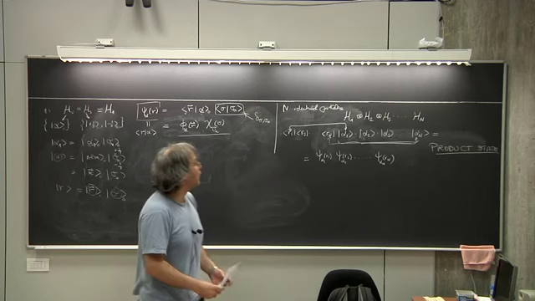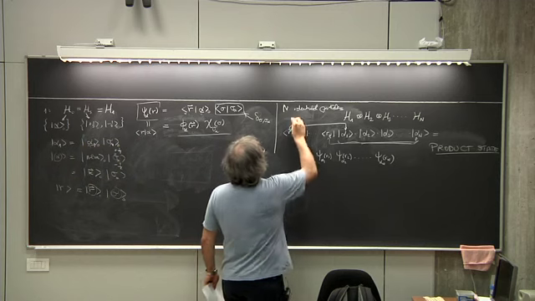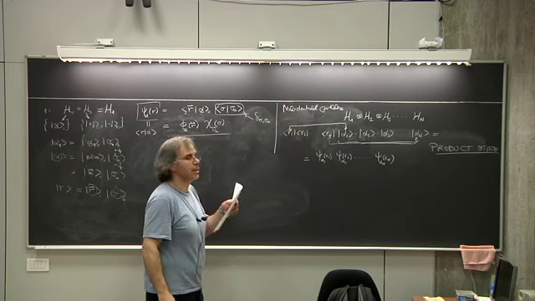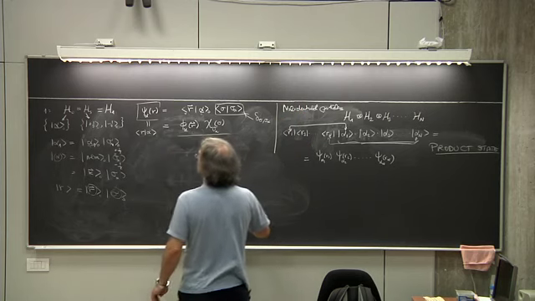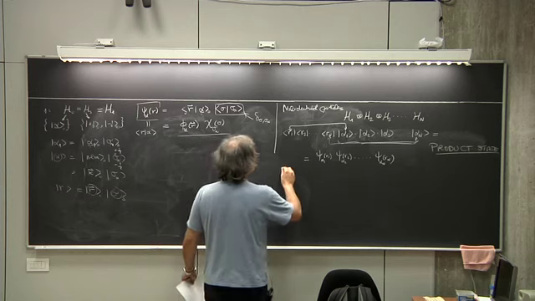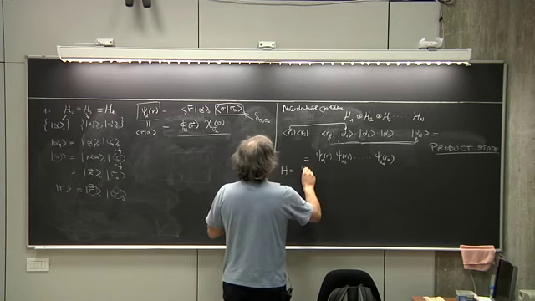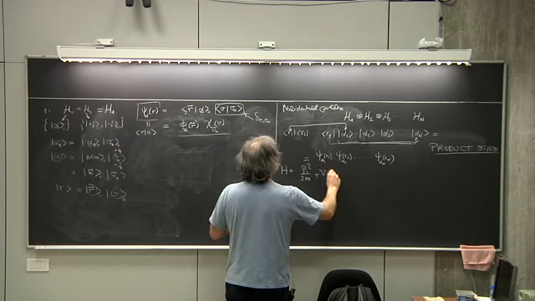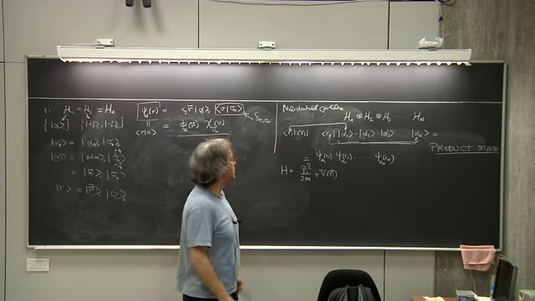Consider, for simplicity, n equal to 2, so only two identical particles. Let's think a little bit more about this. Then obviously I have a certain Hamiltonian. The Hamiltonian might be P1 squared over 2m plus a certain potential, for instance like this.